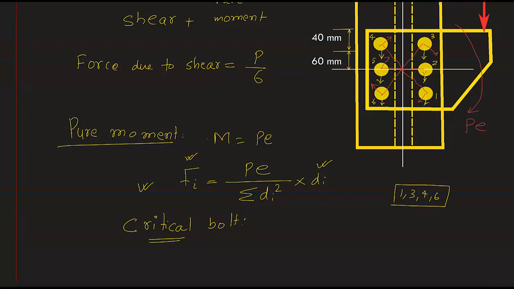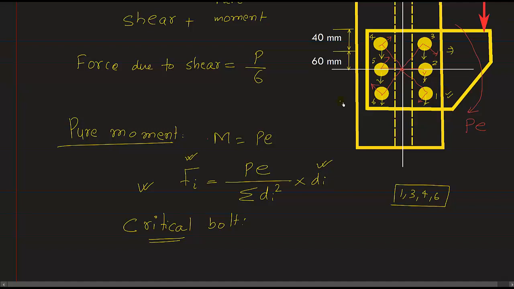Now if you also include the direction, let's see this bolt number 3: the force due to shear and the force due to moment both are in the same direction, so they will basically add.